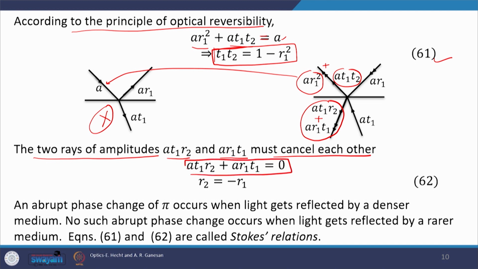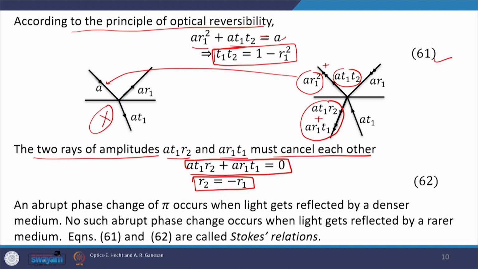From here we get R2 is equal to minus R1. It means the amplitude reflection coefficient you get if you go from one medium to another would be 180 degrees out of phase with respect to the amplitude reflection coefficient if you go from the second medium to the first one.